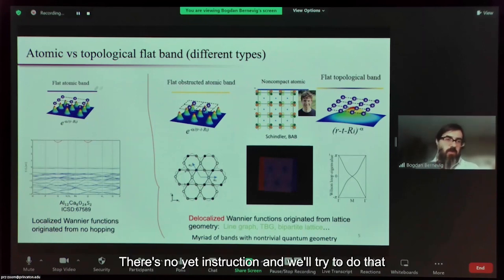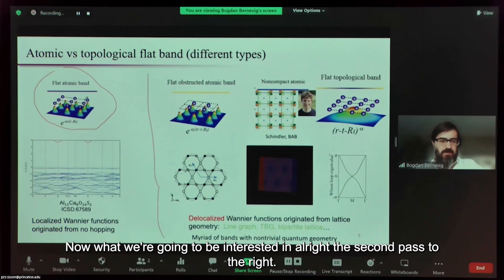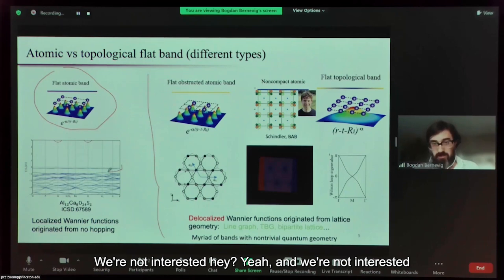So we're not going to be looking at flat atomic bands, which means bands whose flatness of the spectrum comes from the fact that they have zero hopping parameters. In a flat atomic band, you have very localized orbitals. These orbitals have zero overlap between them, and they can create a flat band. For example, this flat band in this material, there are thousands of them like this.